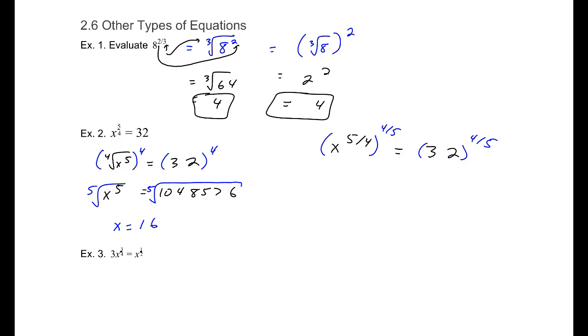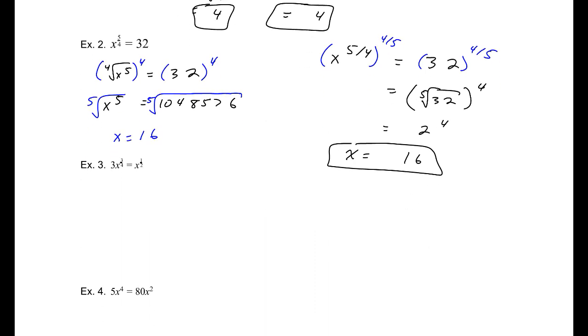The 4/5 power on 32 is the 5th root of 32 to the 4th, which is 2 to the 4th, which is 16. So x equals 16. Whichever of those is easiest or seems to make the most sense is the way that we want to do it.